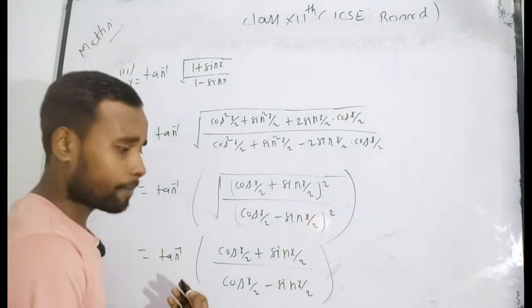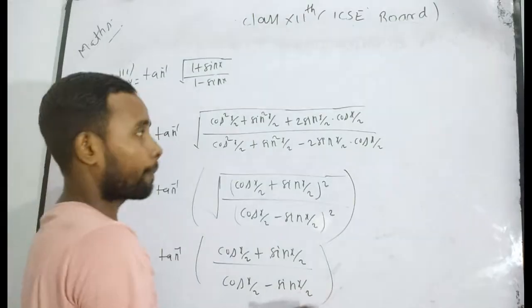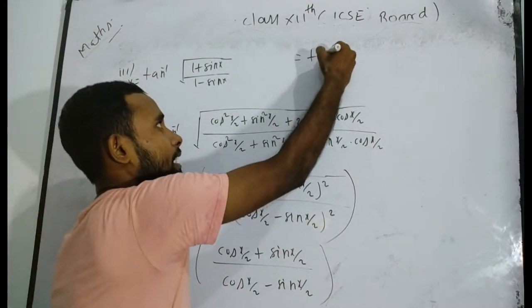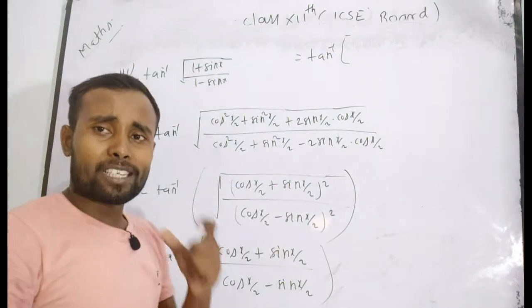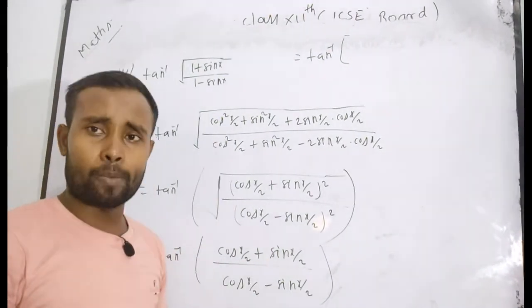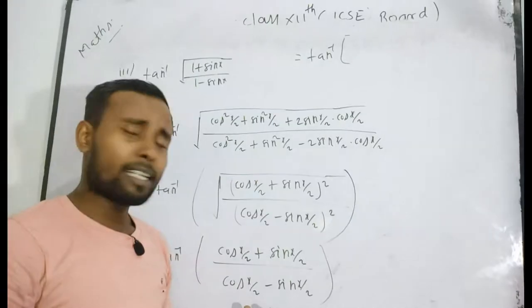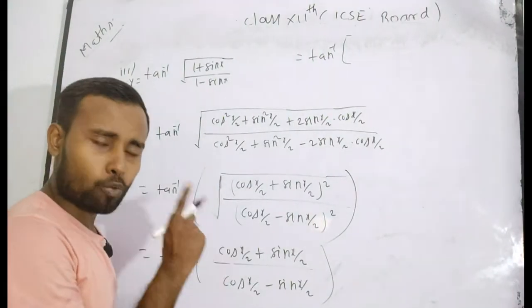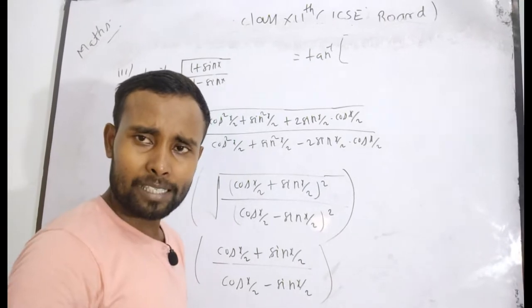Now write here again. There is no space, so I want to do it directly. After this step, write tan inverse, dividing by cos x by 2 in numerator and denominator. In that case, you will get 1 plus sin x by 2 over cos x by 2, which will be tan x by 2.